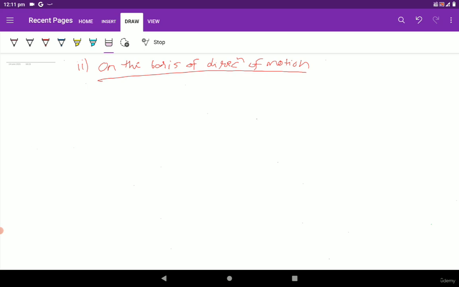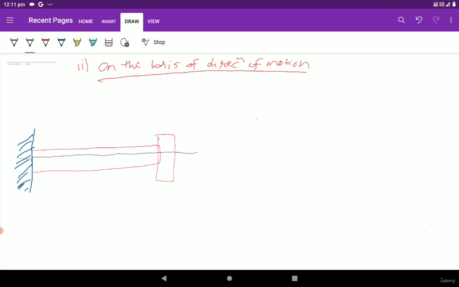We can represent transverse vibration with the help of this schematic diagram. This is the axis of shaft.